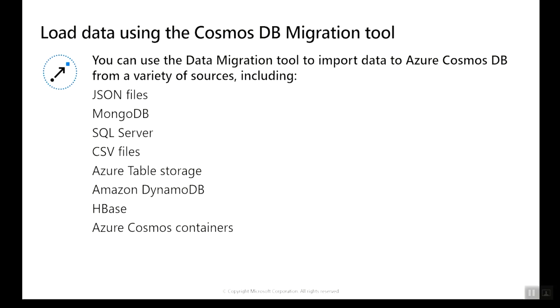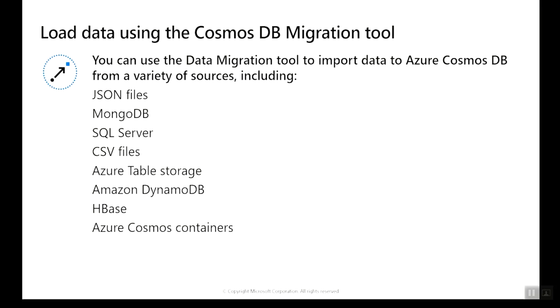The tool can be used to either populate an existing container or create a new one if the specified container doesn't exist already. You can also use it to export data from an Azure Cosmos DB container to a JSON file that can be either locally hosted or hosted on Azure Blob storage, for example. If you have a lot of data, the tool can also make use of multiple concurrent threads to batch your data into chunks and then load those chunks in parallel.